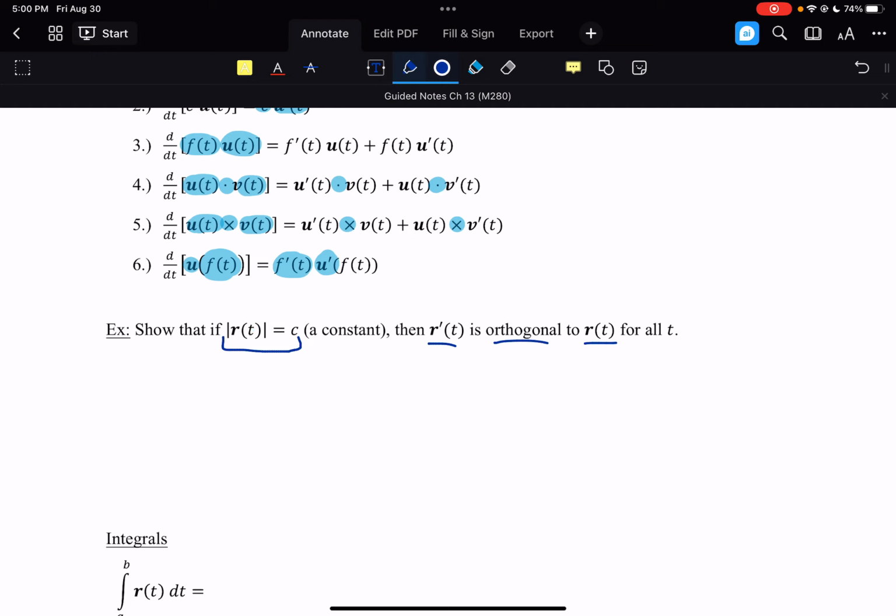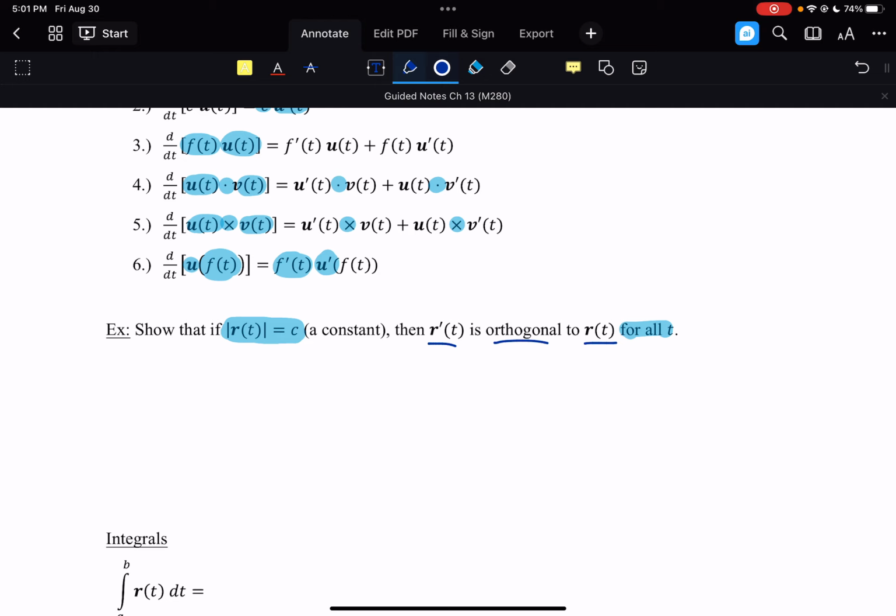So it's not guaranteed that the length of a vector will be a constant unless you plug in a specific value. But what we're assuming here is that this is true. So assume that its length is constant for all values of t, and prove that r prime is orthogonal to r.